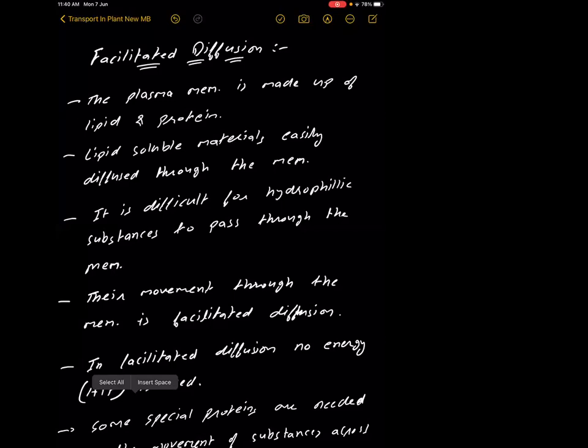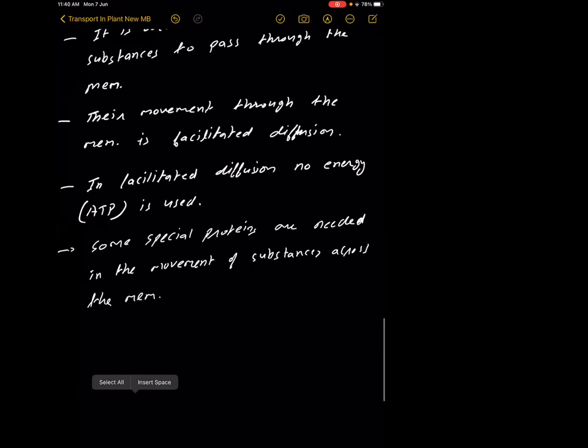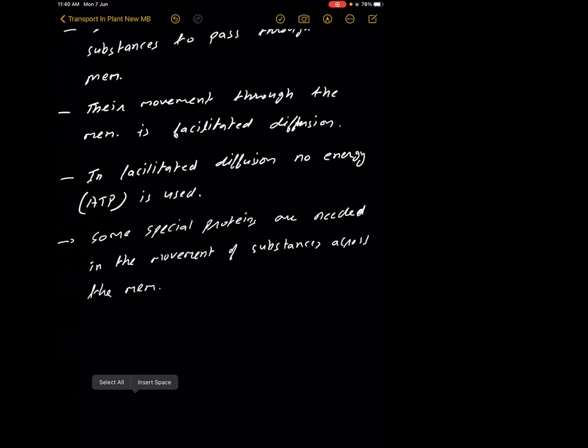Is it bidirectional? Yes, both directions are possible. The material coming out from the cytoplasm also uses the same gate. You have only one gate: you enter through it, and if you want to exit, you again use this gate. So this is two-way, or bidirectional.